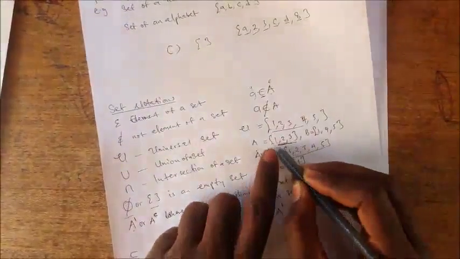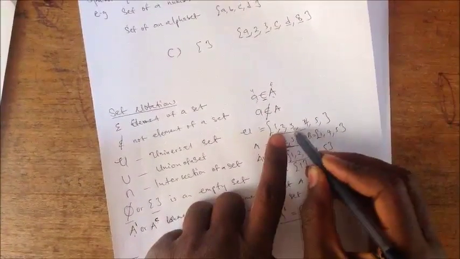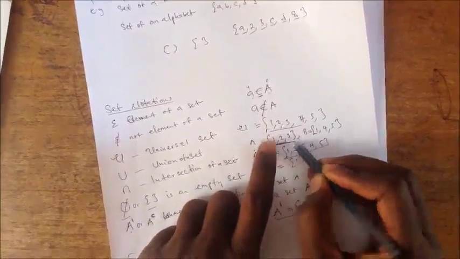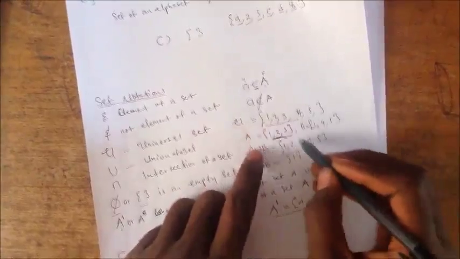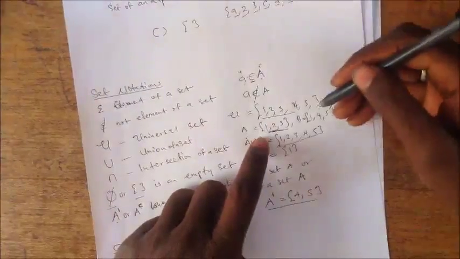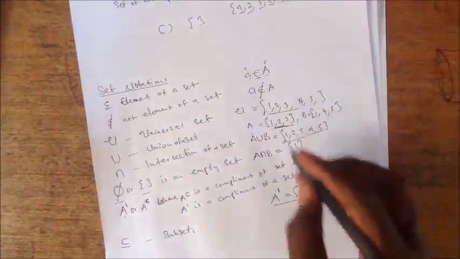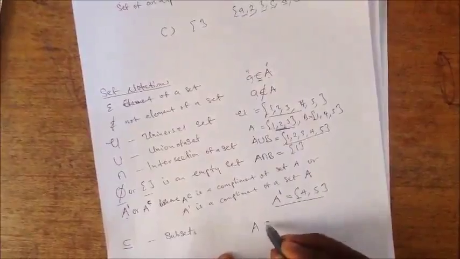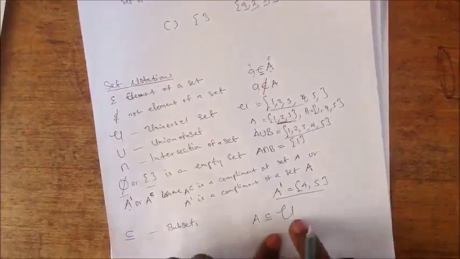Yes. So this A is a subset of the universal set, because whatever A contains, the universal set contains it and has more. So A is contained in the universal set. I hope it's going around. So we can write it like this: A is a subset of the universal set.